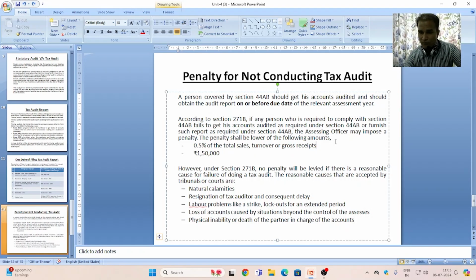So, if the SSC violated section 44AB, then as per section 271B, the assessing officer may impose a penalty on the taxpayer or on the assessee. What type of penalty? Two categories are here: 0.5% of the total sales, turnover or gross receipts, or rupees 1,50,000.